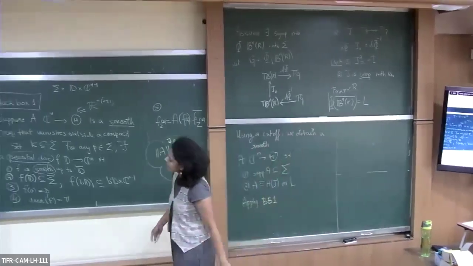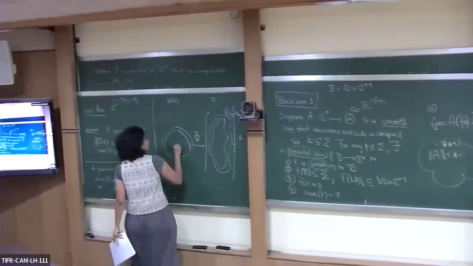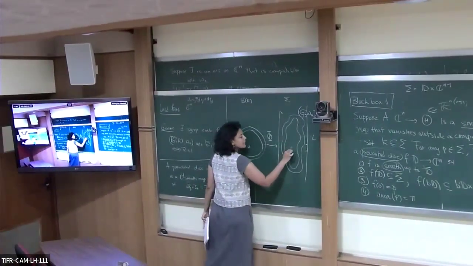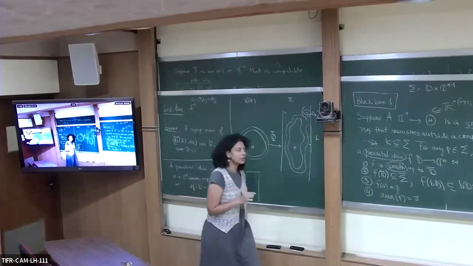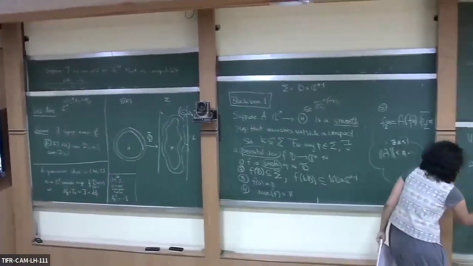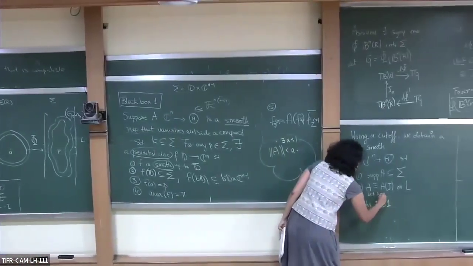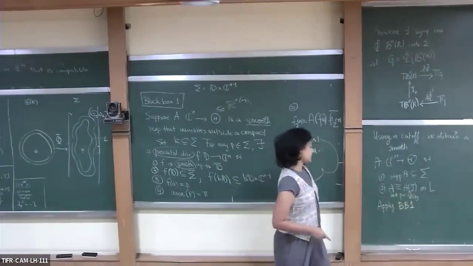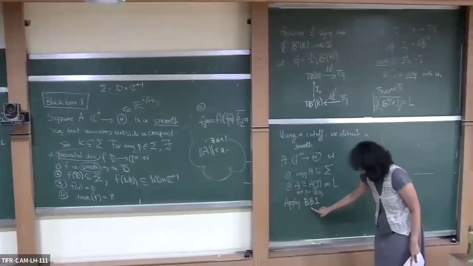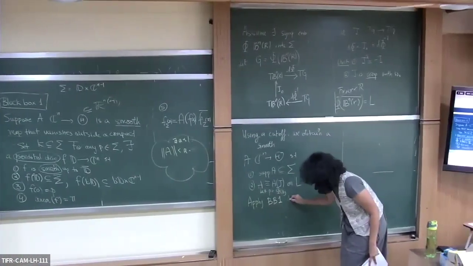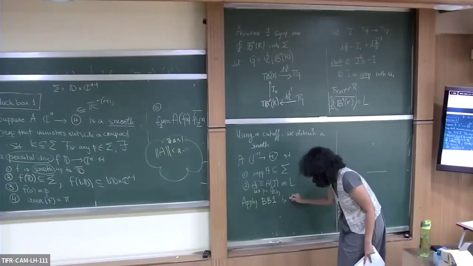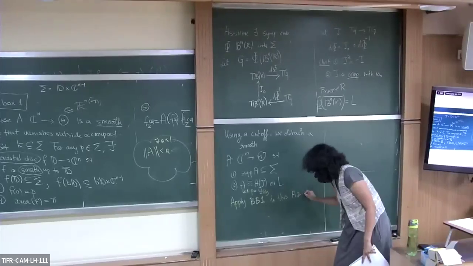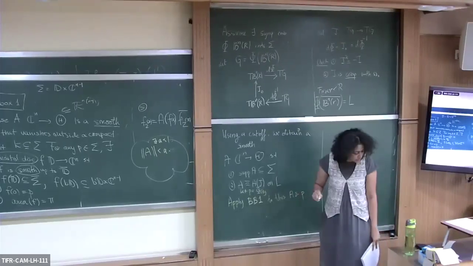So let's see where the origin goes. The origin goes to some point of the ball. Okay, I'm going to apply it to that. So let P equal to the image of the origin of the ball. Important. This is important actually. So apply dp1 to this A and B, this choice.